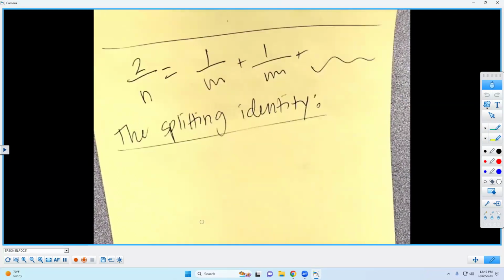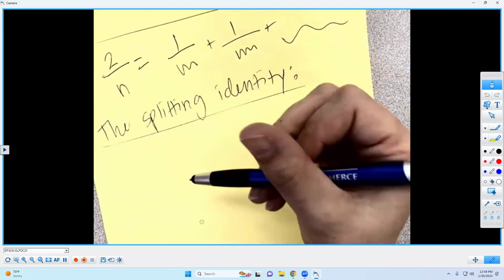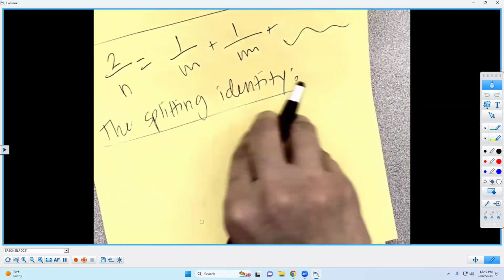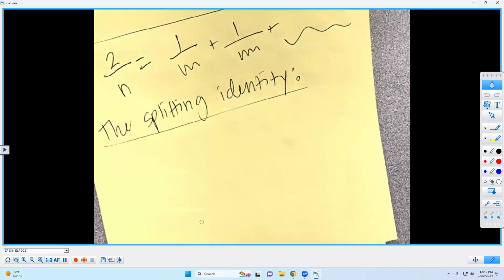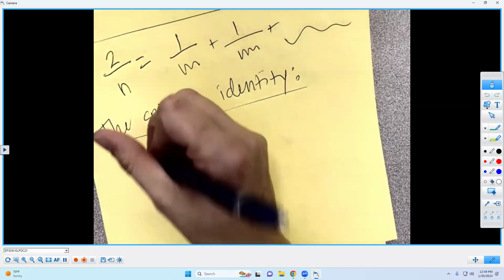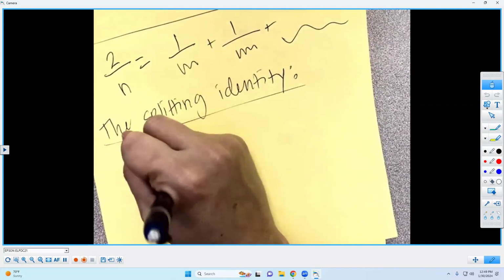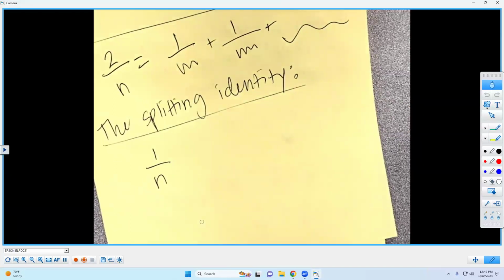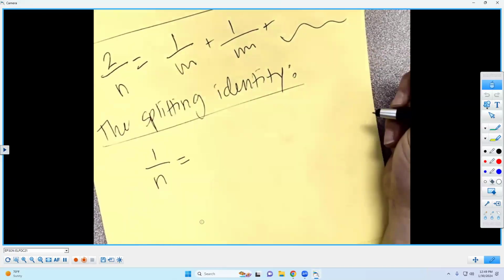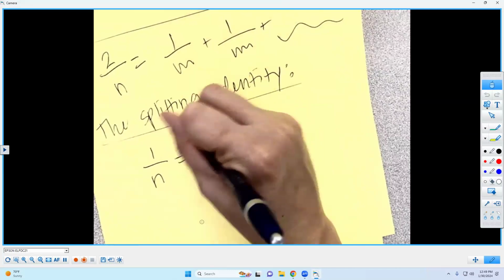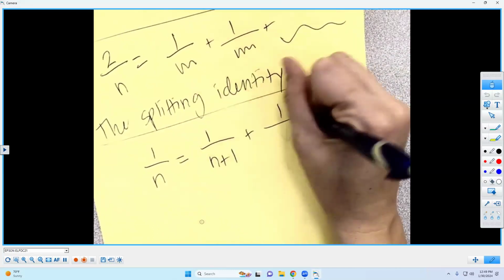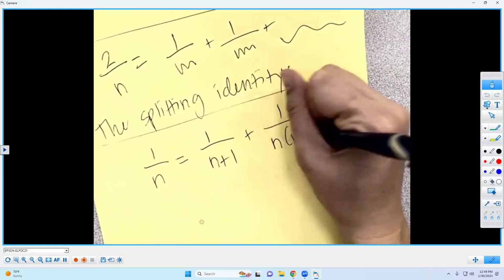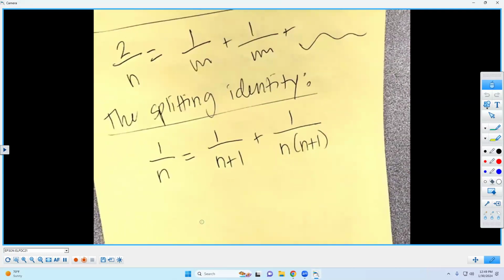And it says that if you have some fraction, this splitting identity, what I'm about to write, starts off with 1 on top, but I'll show you how that would help us in a minute. So the splitting identity says if you have some fraction 1/n, you can break that apart into 1/(n+1) plus 1/(n(n+1)).